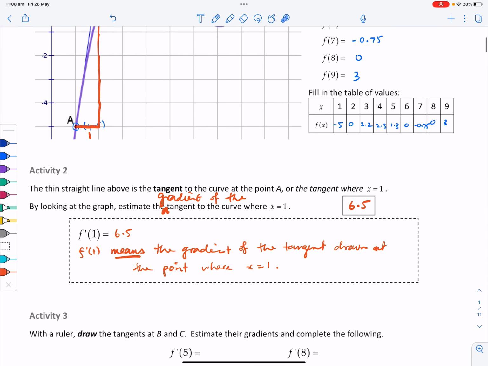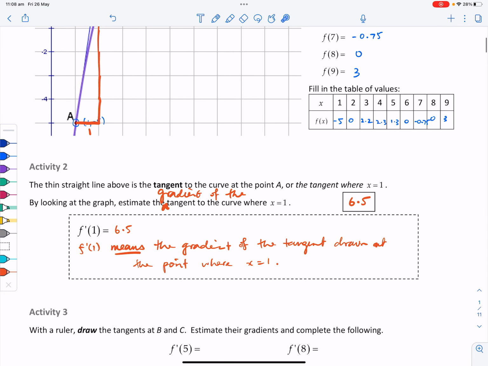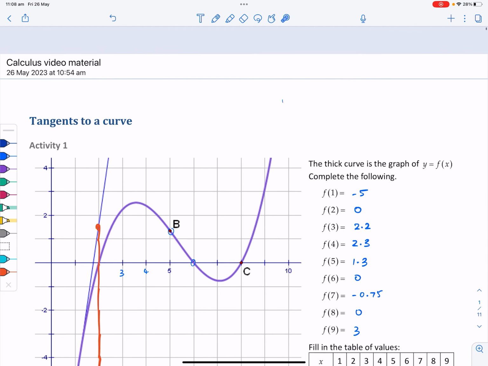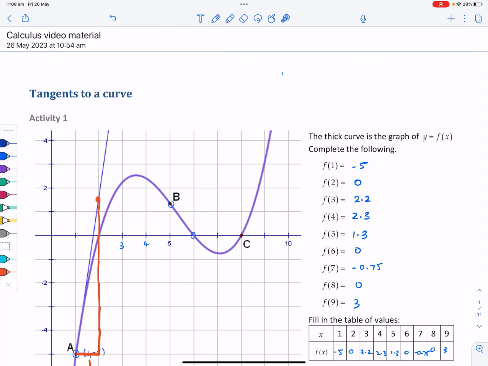Activity 3. With a ruler, draw the tangents at B and C. Estimate their gradients and complete the following. So I can't really use a ruler here, but I'm going to use a straight line and try to do that. Right, I've done that pretty well. And here, if I just move that up a bit, right?